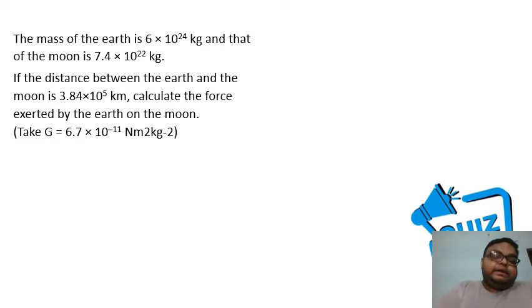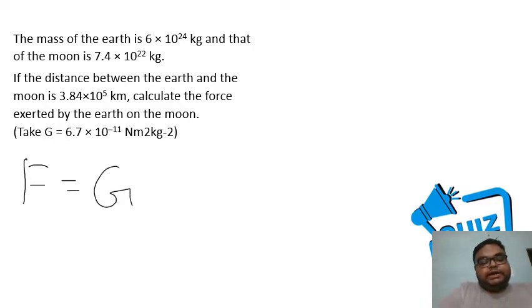So here the value of g is given. Let's try to find it out. What formula will we apply? We will apply the formula for the force of gravitation. F is equal to G m1 m2 by r squared.